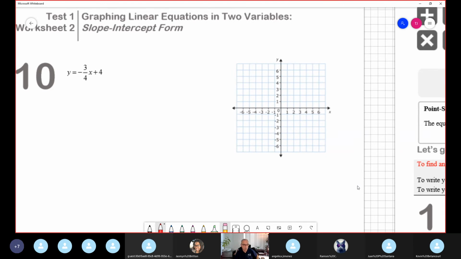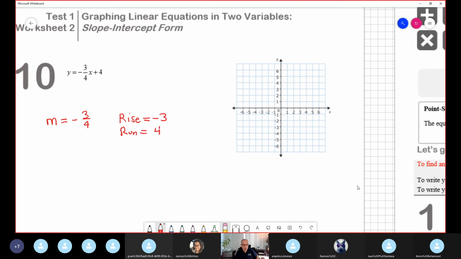I discovered also the slope is -3 over 4. Therefore, rise is -3 and run is +4.